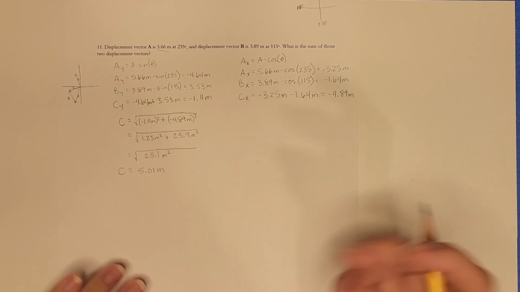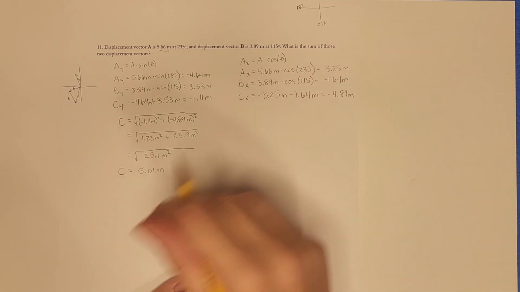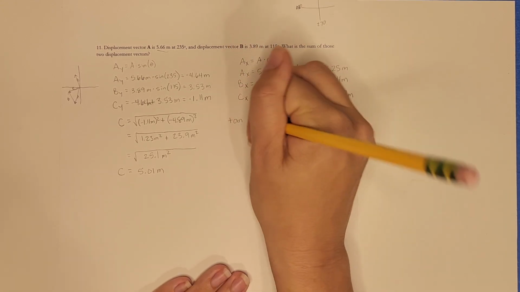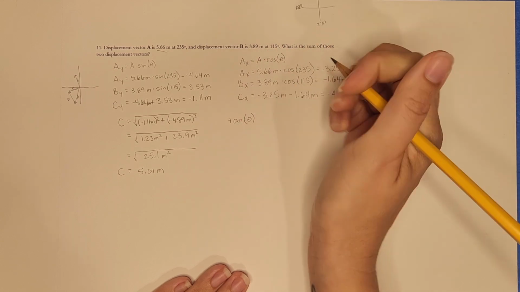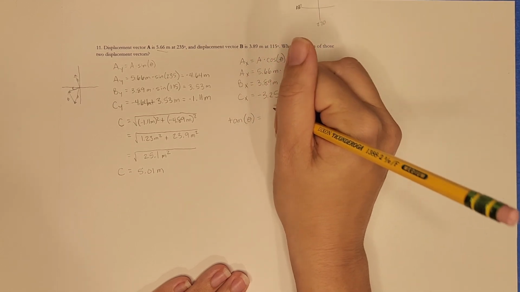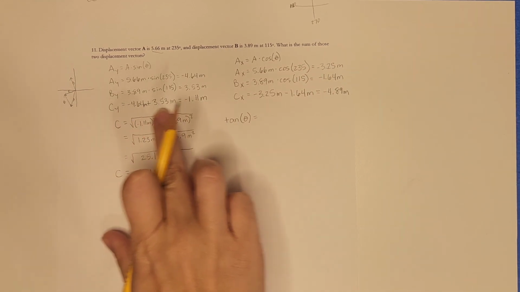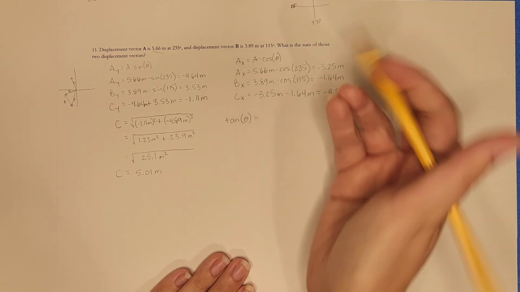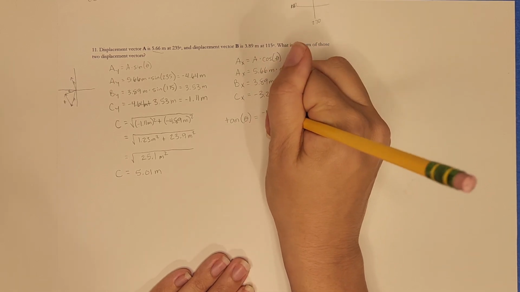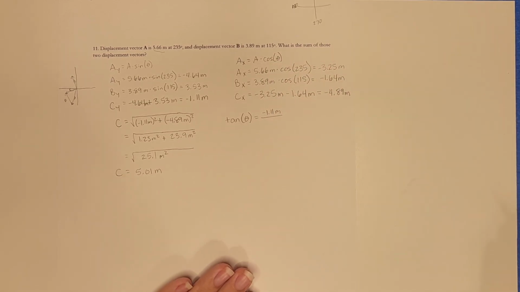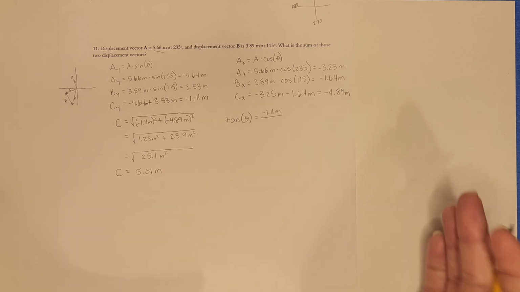Okay, now I am going to get the angle. So I'm going to use equation 4.3. The tangent of my angle equals the y value of my c divided by the x value. Always remember y over x, and the easy way to remember that is just like we do slope, rise over run. So the height divided by the distance horizontally.